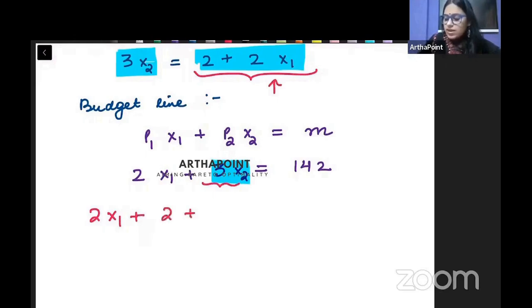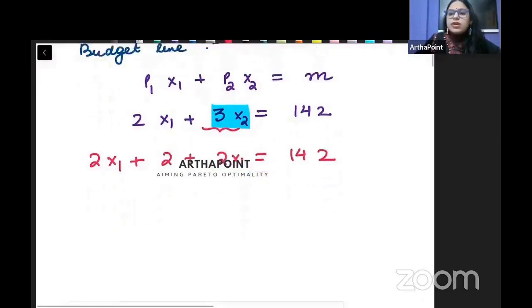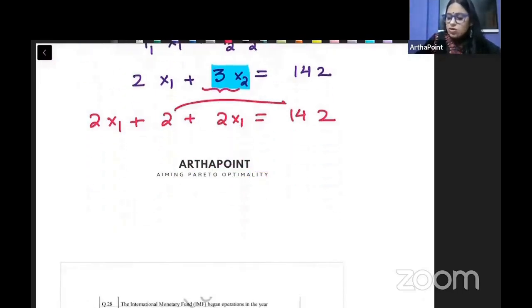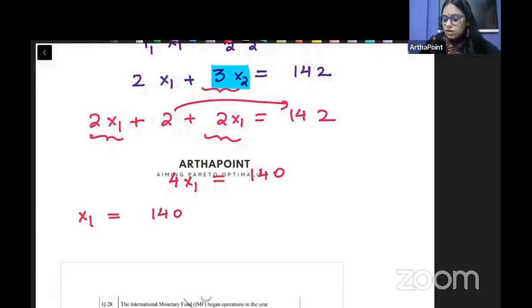So I will get 2 plus 2x1 is equal to 142. Beta, this will go here. So 2x1 plus 2x1 will become 4x1 is equal to 140. So beta, x1 will be what? 140 divided by 4, 70 divided by 2, 35.